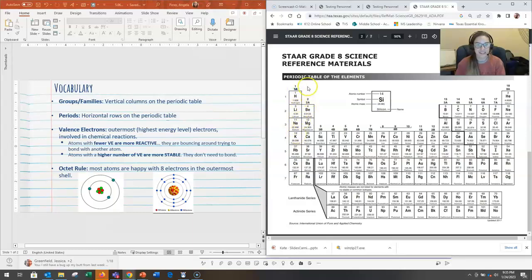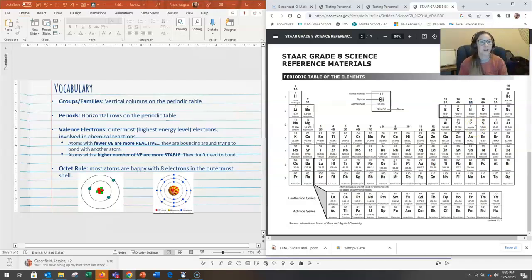They've got one valence electron. In group 15, all of the ones in this column have 5 valence electrons. So which would be more reactive? Group 1, because they've got fewer valence electrons.